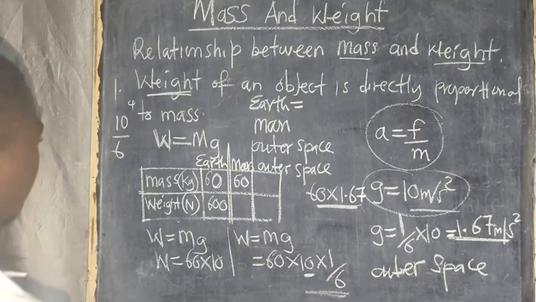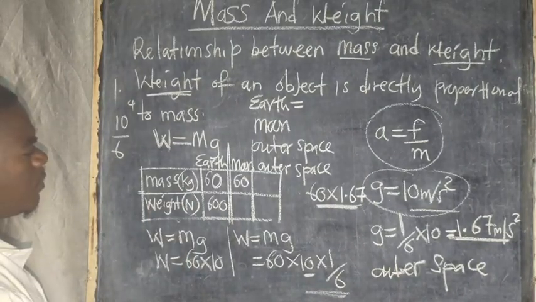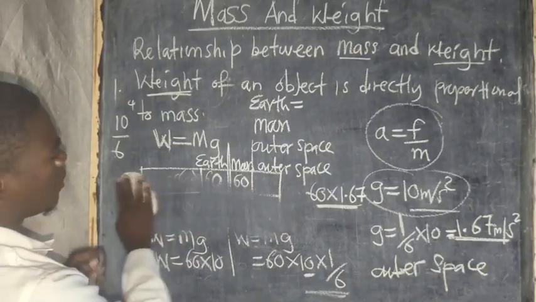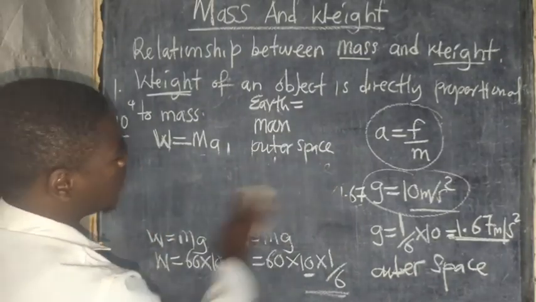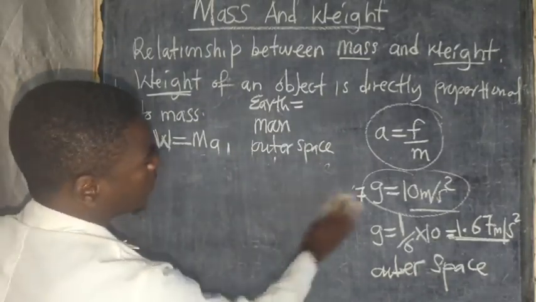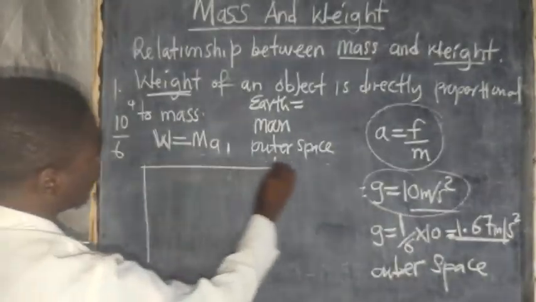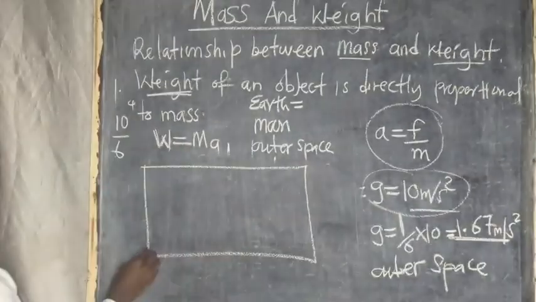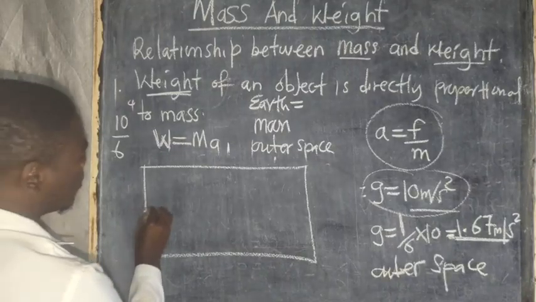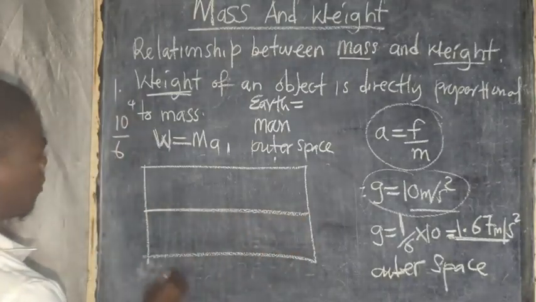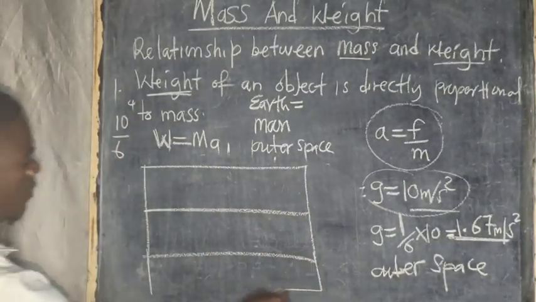Here I've just put this table. Let me try to make it big so that it is visible. This is the table that I've put here. I'm talking about two things here. The table is like this.